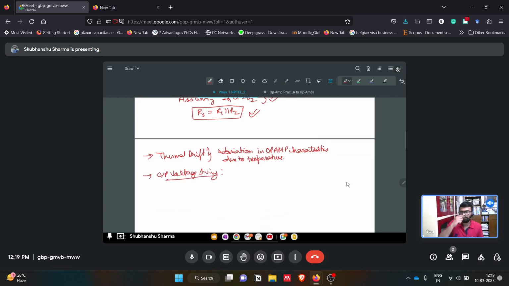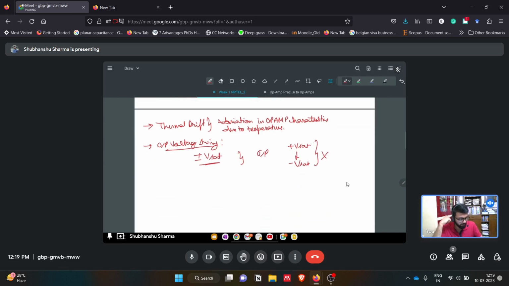Then we also have output voltage swing. Since we are giving, let's say, plus minus V set to the power supply of the op amp, we expect the output to also vary from plus V set to minus V set. This is ideal behavior. But this does not happen.